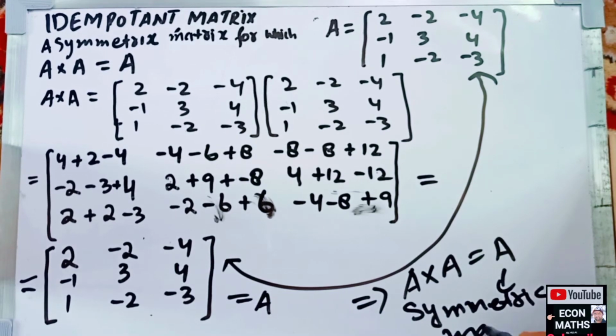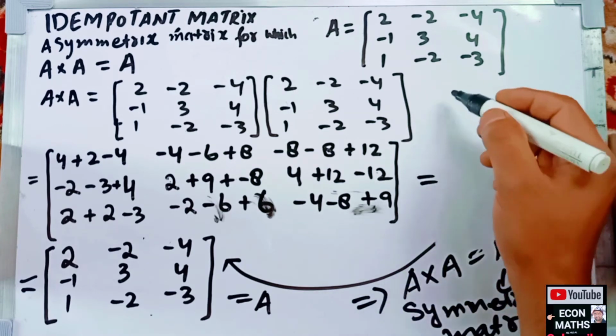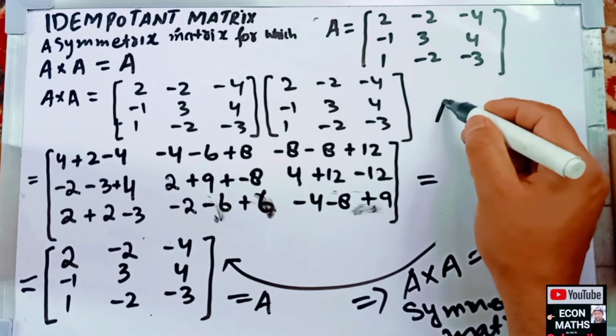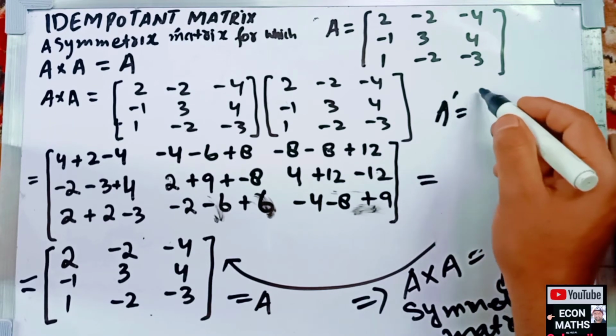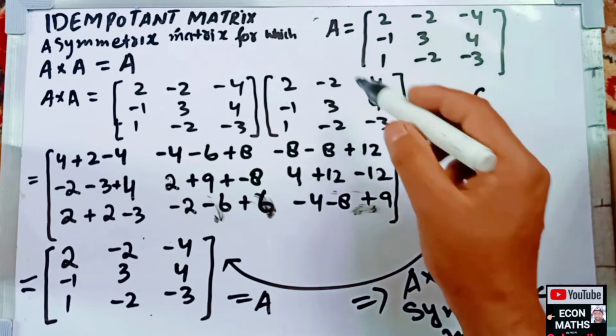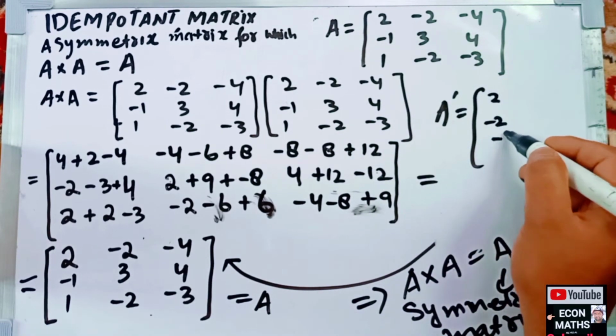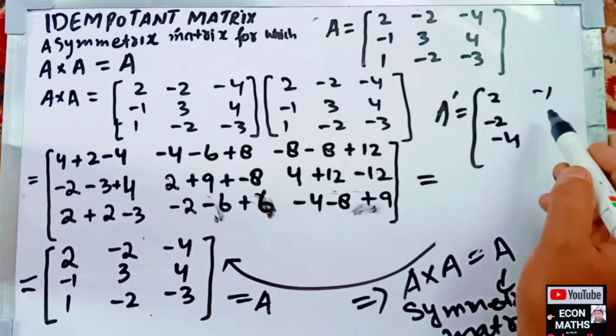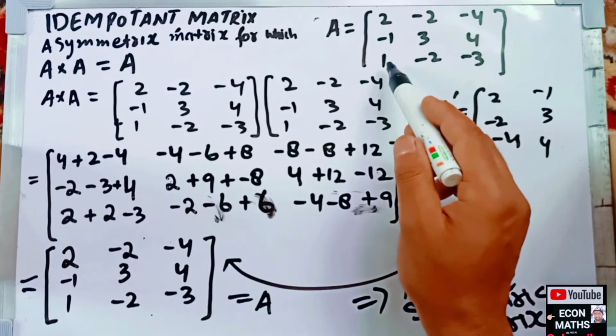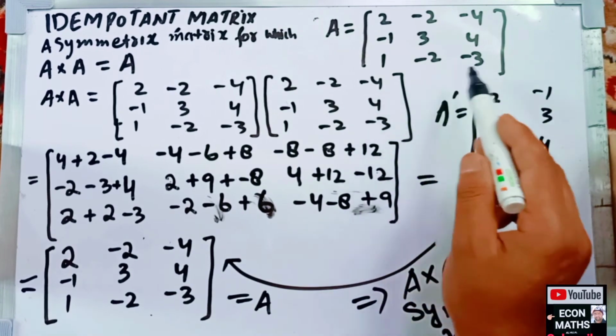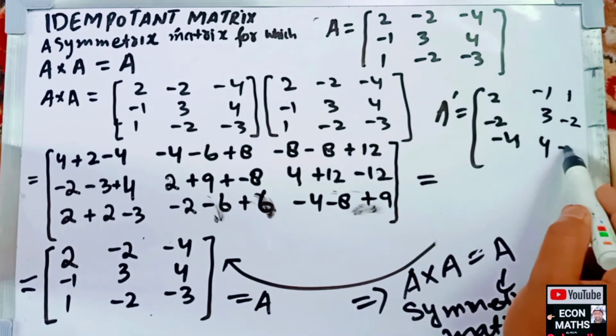Here A is a symmetric matrix. Now, a symmetric matrix is a matrix where, if A is symmetric, its transpose, that is interchanging rows with columns, gives the same matrix. So this will become 2, minus 2 and minus 4; similarly minus 1, 3 and 4; and 1, minus 2, minus 3.